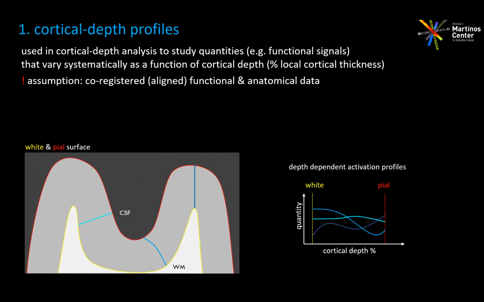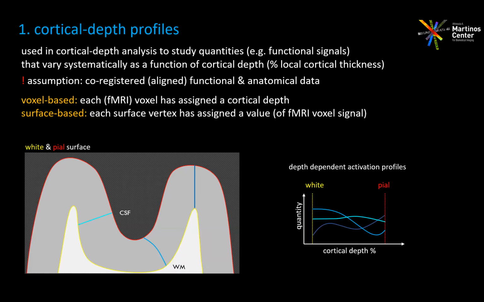And there are 2 different ways of creating these profiles: a voxel-based approach, where each fMRI voxel gets assigned a cortical depth, and a surface-based approach, where each vertex gets assigned a value, which is the value of the projected fMRI voxel signal. And just to again refer to Farouk, both of these approaches are compatible with equivolume sampling if this is something you're interested in using.